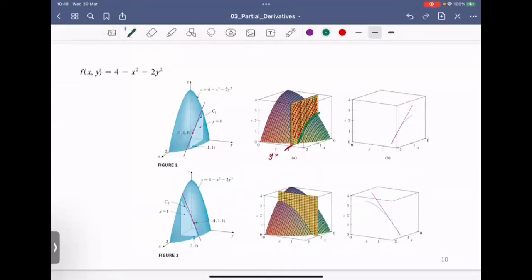If you are looking at the specific curve that I highlight in green over there, and you are looking at the tangent line to that curve, that is the meaning of partial derivative. So you're going to get the curve by fixing y equal to 1. And the tangent line here at the point (a, b, c) is going to be the partial derivative with respect to x.